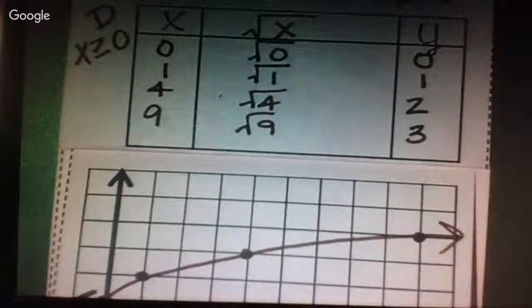All right. Let's see what happens when I put a 3 up front. So when x was 0, we plugged in 0. Well, now I've got a 3 up front. So we have the square root of 0, which we said was 0, times 3, which is 0. That point doesn't move. X was 1.